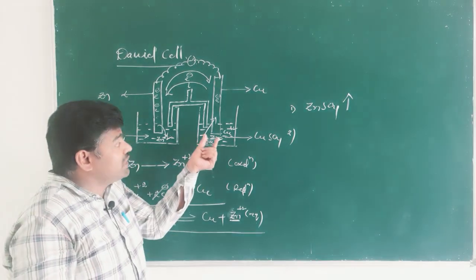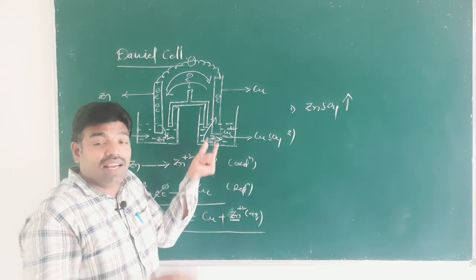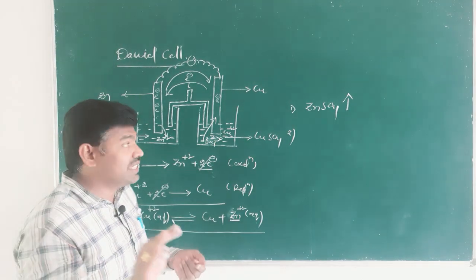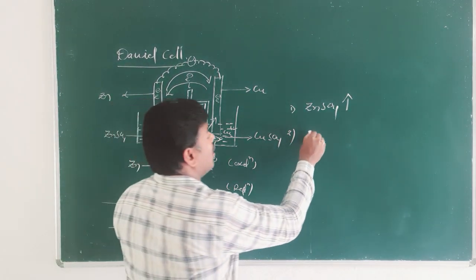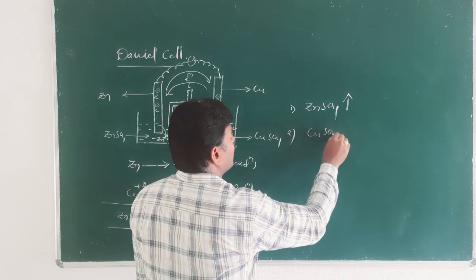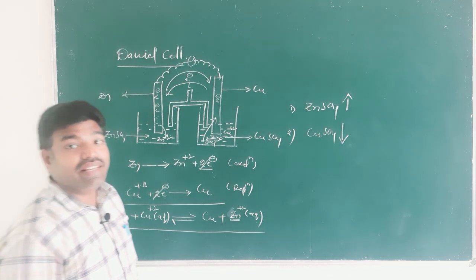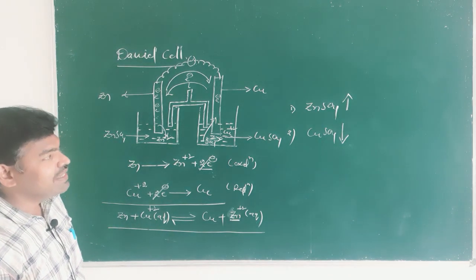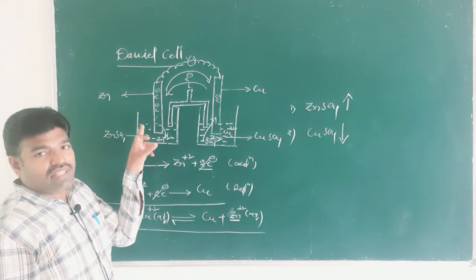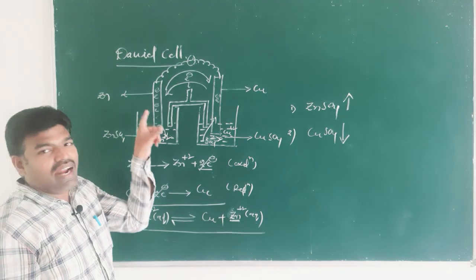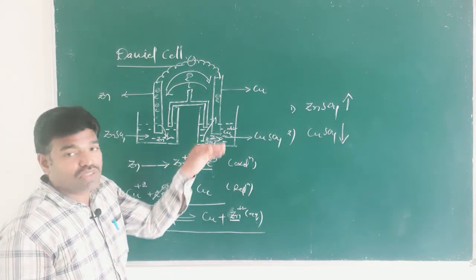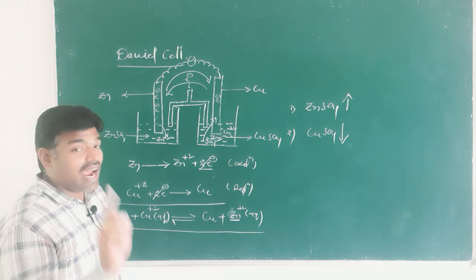That is why the concentration of Cu+2 ions decreases, that is, the concentration of copper sulfate solution goes on decreasing. So the concentration of zinc sulfate solution increases and the concentration of copper sulfate solution decreases.